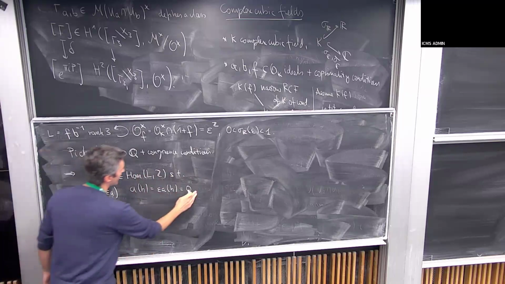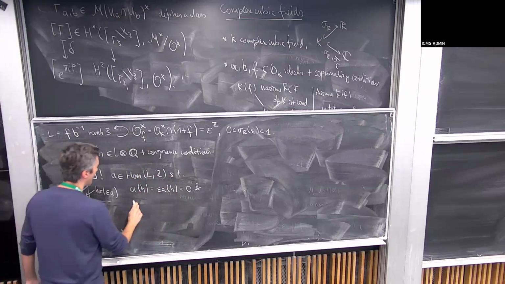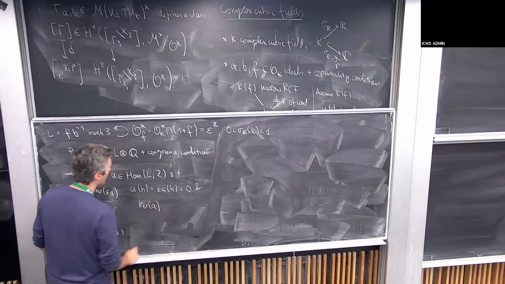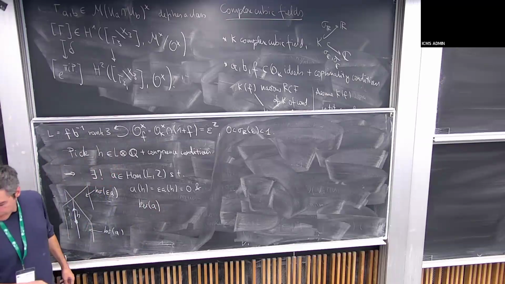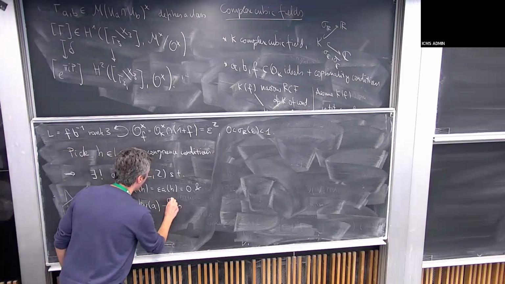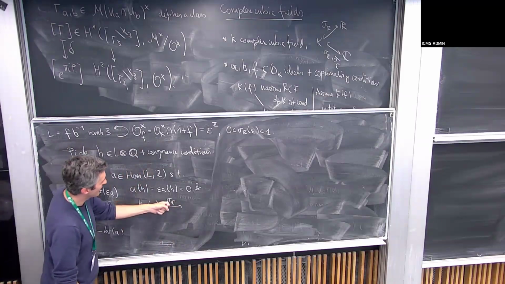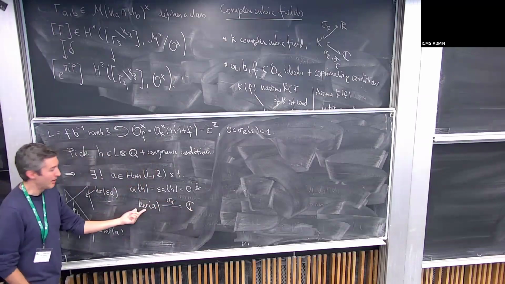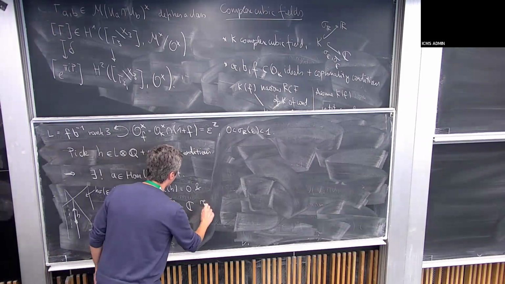Well, that would determine A up to sign, but in fact, the sign can also be determined by saying that I have fixed an embedding of K into C, and that embedding gives me a functional that I can restrict to the kernel of A, giving a map from the kernel of A to C. And I want this to respect orientations.